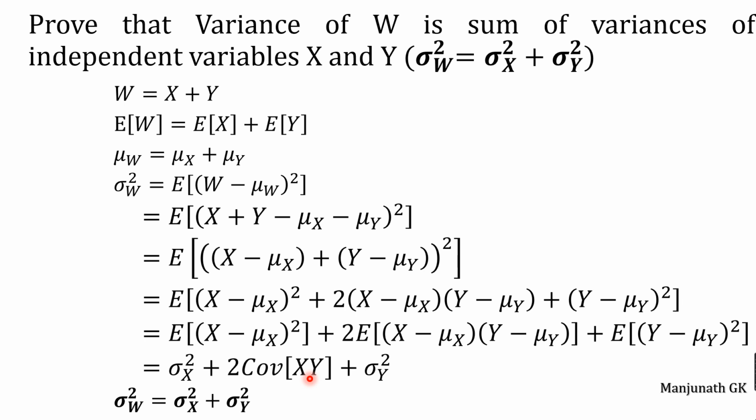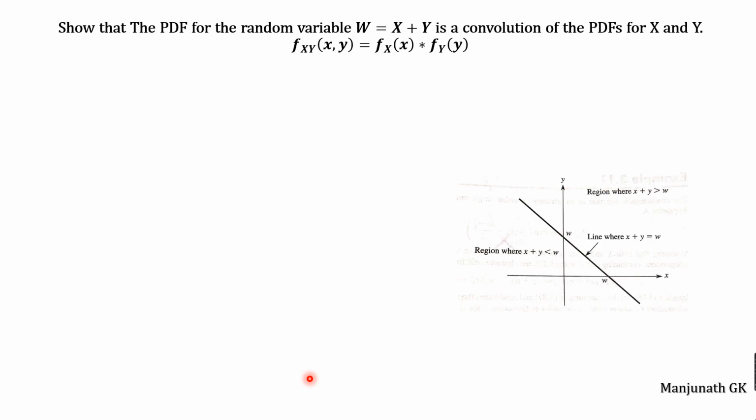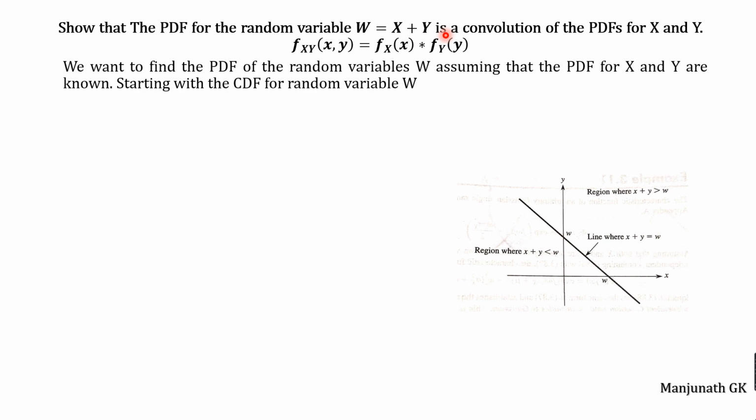Alright, let us show that the PDF of the bivariate random variable equals the convolution of X and Y. We have assumed that X and Y are independent. For this, we need to calculate the cumulative distribution function. We know the definition of a CDF.